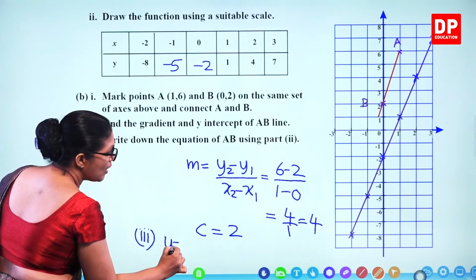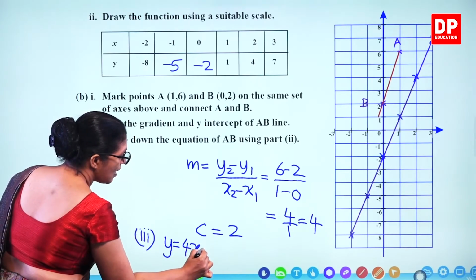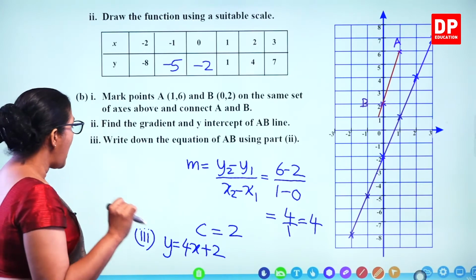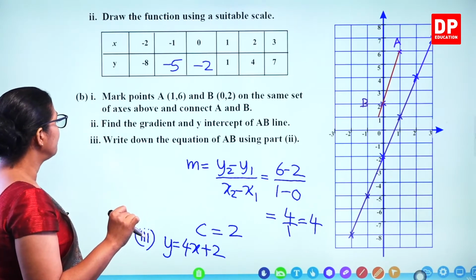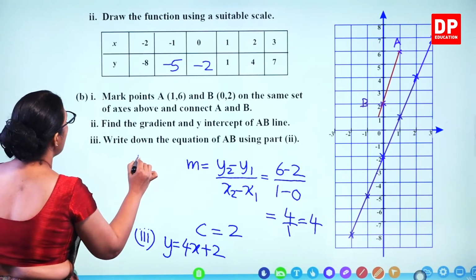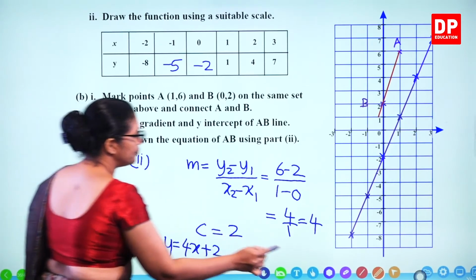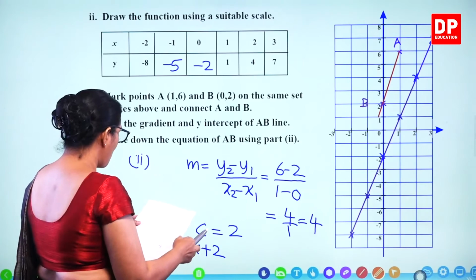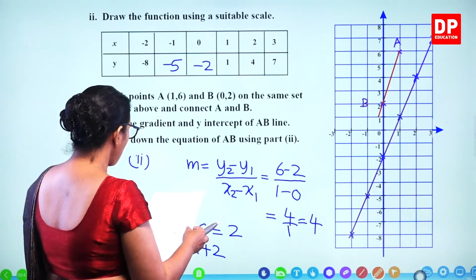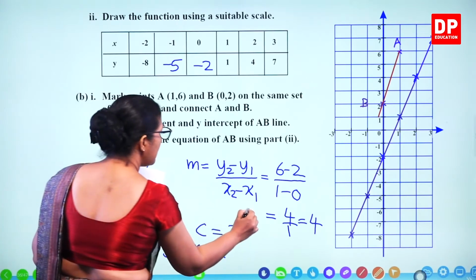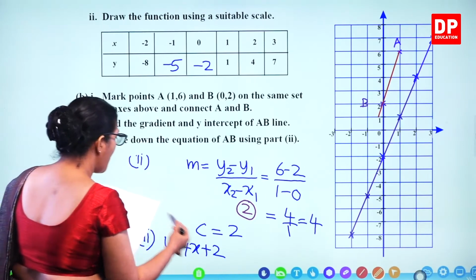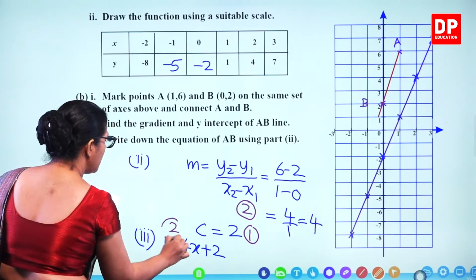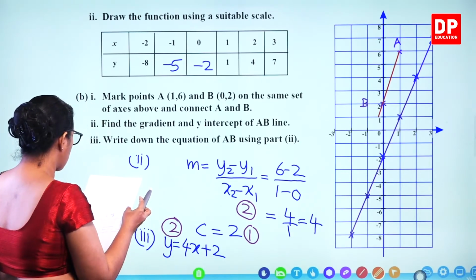So y equals 4x plus 2, because 4 is the gradient and the y-intercept is 2. So this is part 2. So how many marks? You are getting 2 marks for finding the gradient, 1 mark for the y-intercept, and for the equation 2 marks.